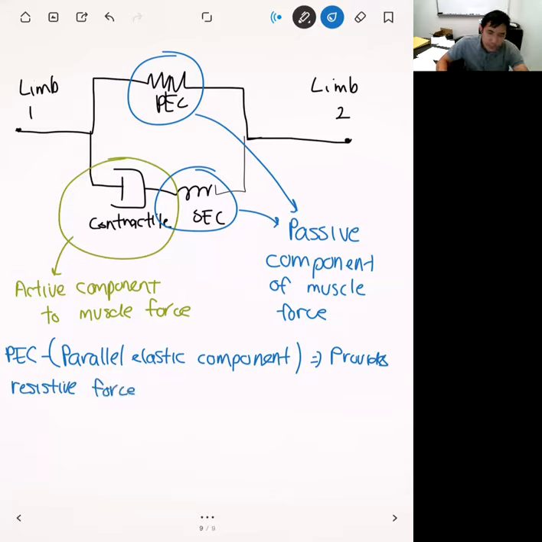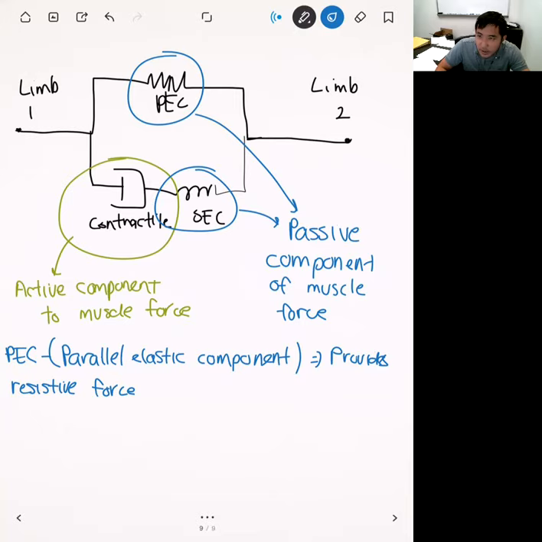And the reason I call it a resistive force is that, as you're increasing the length of your muscle, as you're lengthening it, there's a force that's strictly trying to impede this process, right? Because even though your muscle is flexible, so you can stretch it, it generally doesn't want to do that because it wants to maintain its resting length, right? And so as you stretch a muscle, this PEC right here is going to provide some resistance to try to resist this stretching motion, okay?